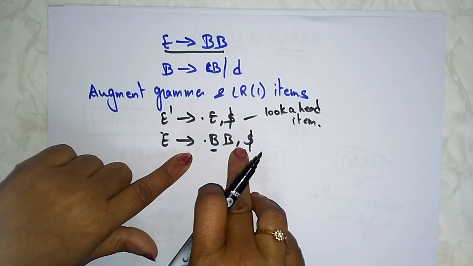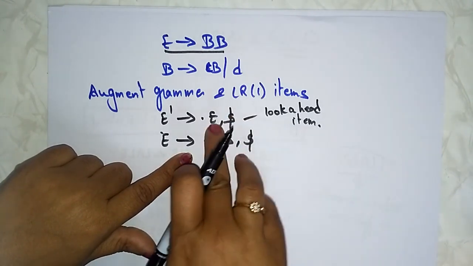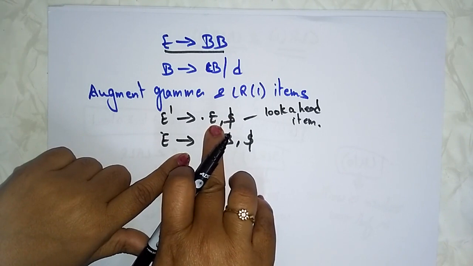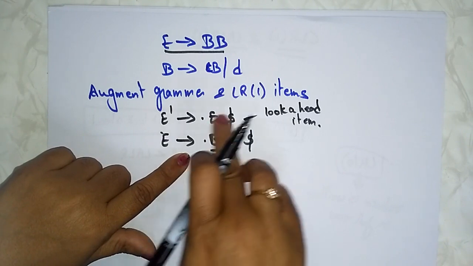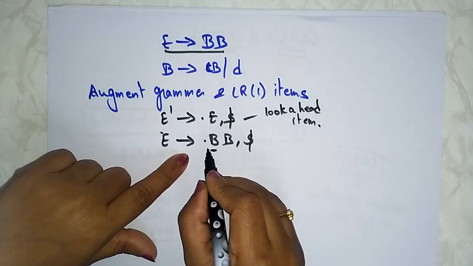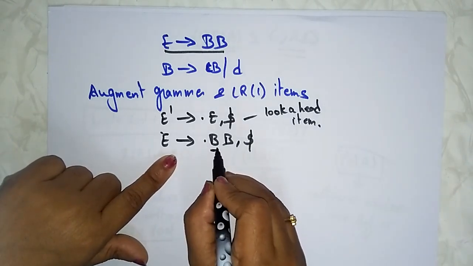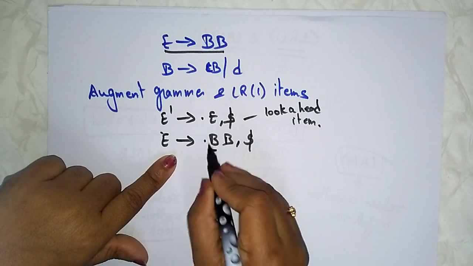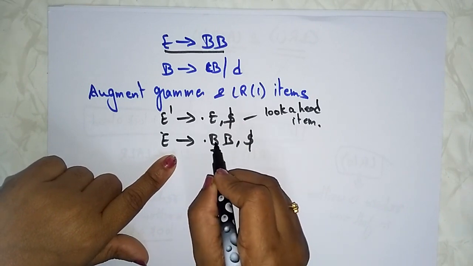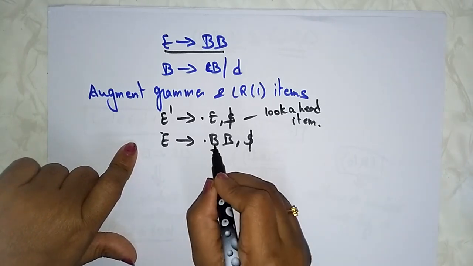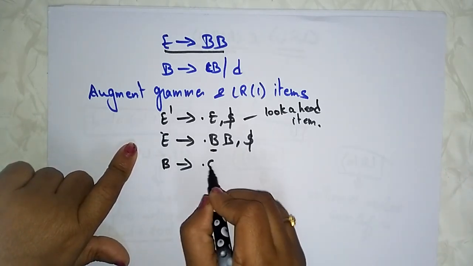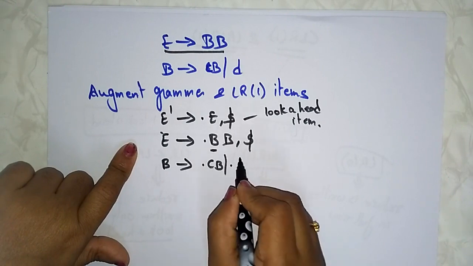After E there is nothing, so just copy the look ahead here also. Now check here: in this production .B, after the dot there is a non-terminal, so you need to write all the productions of B. So B determines .cB and .d.